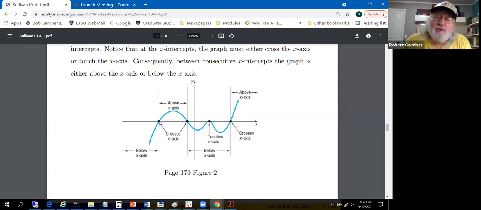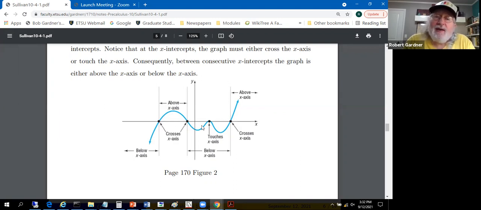If all I knew was these were consecutive x-intercepts, I could deduce it's either above the x-axis between those 2 intercepts, or it's below the x-axis between those 2 intercepts. It couldn't be above part of the time and below another part of the time without crossing the x-axis again.